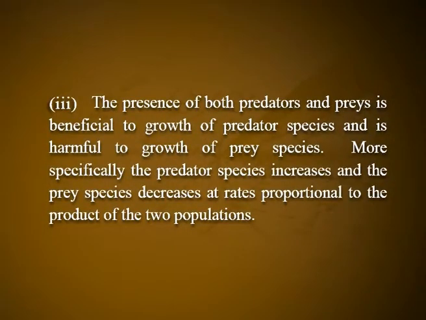The presence of both predators and prey is beneficial to the growth of the predator species and harmful to the growth of the prey species. More specifically, the predator species increases and the prey species decreases at rates proportional to the product of the two populations. These assumptions give the system of non-linear first order ordinary differential equations.